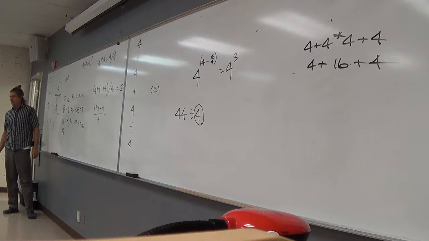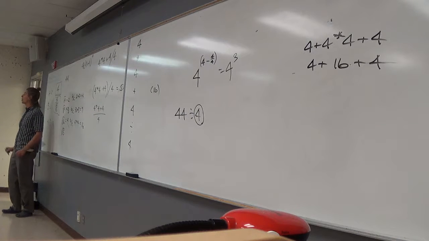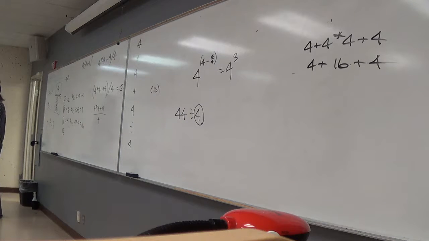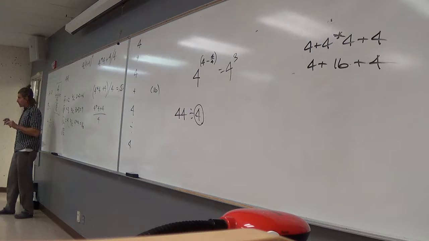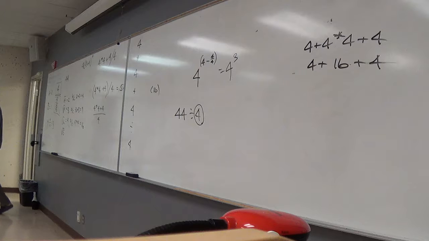Do you know why I skipped over 5? There is one, but it's what's called an irrational number. These numbers are called perfect squares because 2 times 2 is 4, 3 times 3 is 9, 4 times 4 is 16, 5 times 5 is 25. The number multiplied by itself that equals 5 is not pretty. It's like 2.3.